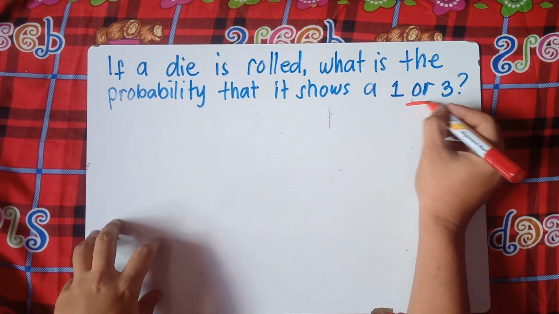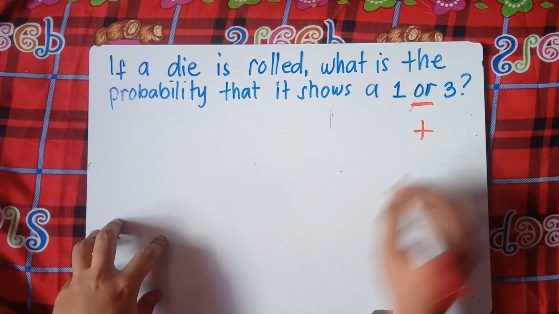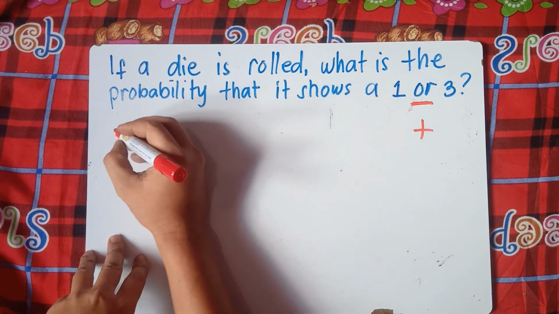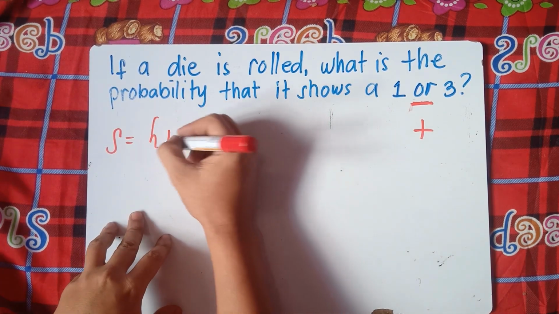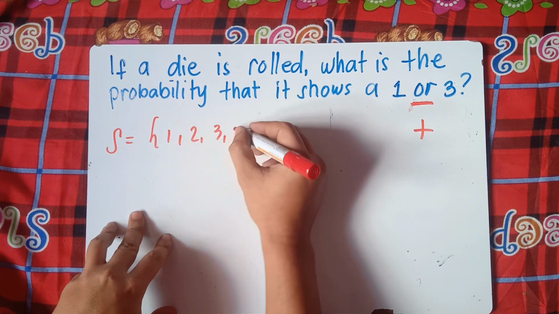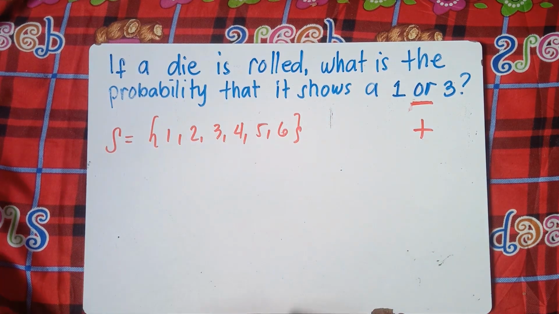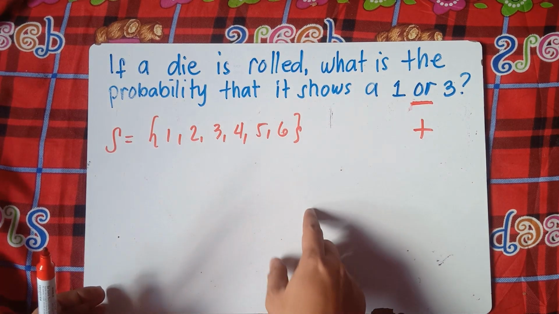So do not forget, class, the word OR there. In probability, it means addition. So when you roll a die, the sample space could be 1, 2, 3, 4, 5, 6, right? So rolling a die, the sample space is 1, 2, 3, 4, 5, 6.